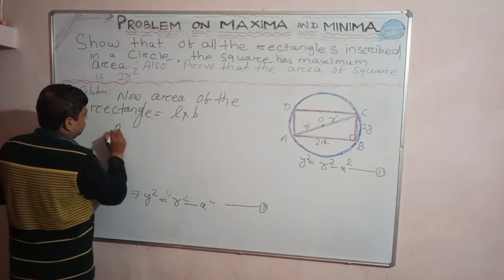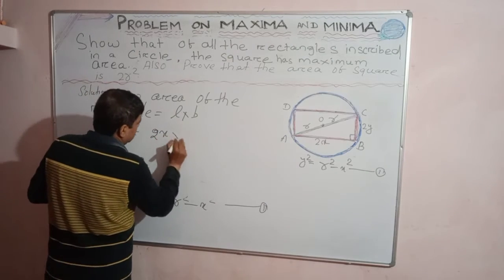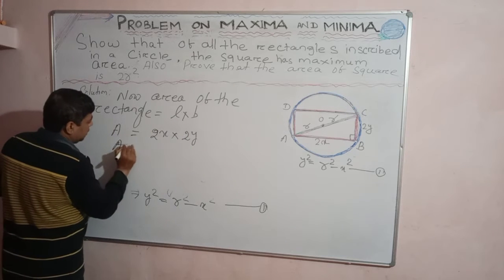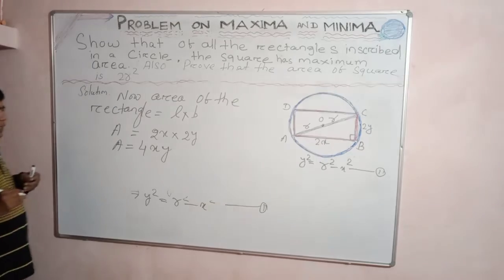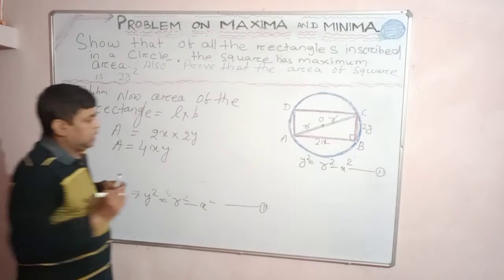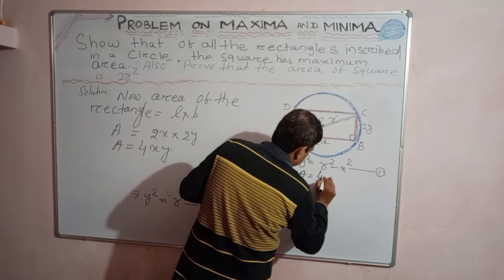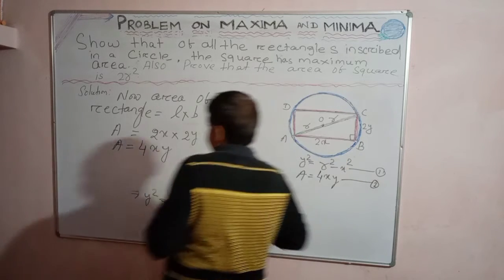Here, what is the length? Length is 2x and breadth is 2y. So area will be 2 times 2, which is 4xy. Area is equal to 4xy, right? Okay. And the area of the rectangle A is equal to 4xy. Is it clear? This is point number 2 we got.